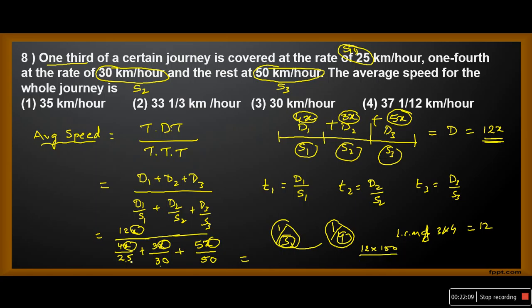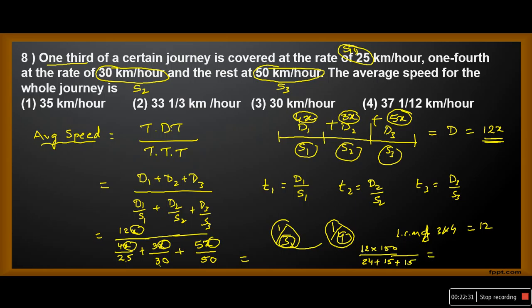What is 150 by 25? 6. 4 sixes are 24, plus 150 by 30, which is 5. 3 into 5 is 15, plus 150 by 50, which is 3. So 5 into 3, which is again 15.